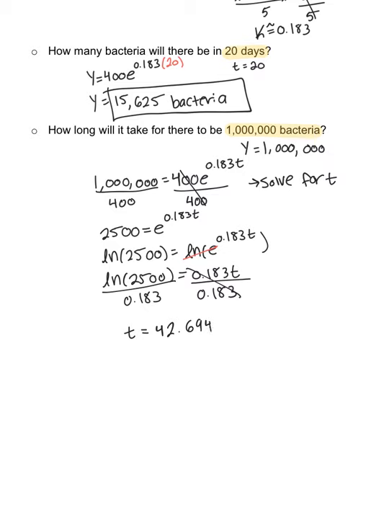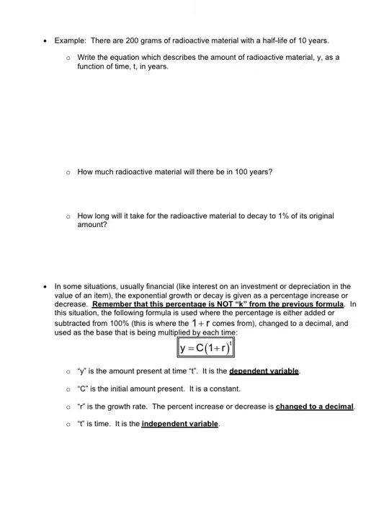And it's asking how long it will take, so we're going to say days. Okay, so that means that it's going to take about 42 to 43 days for there to be 1 million bacteria in that culture.